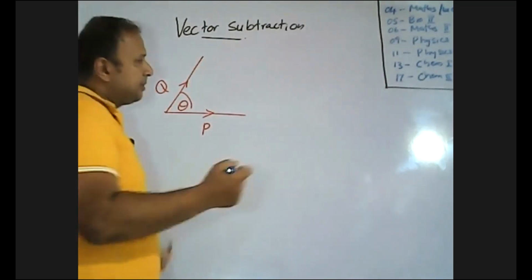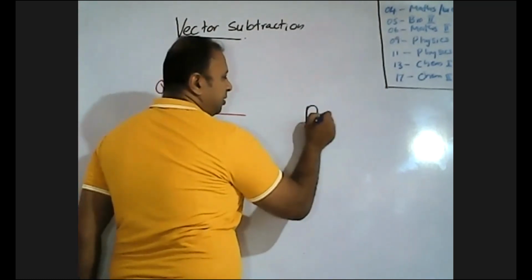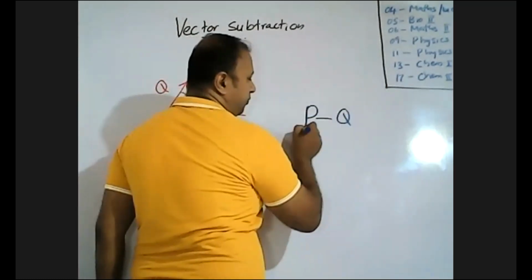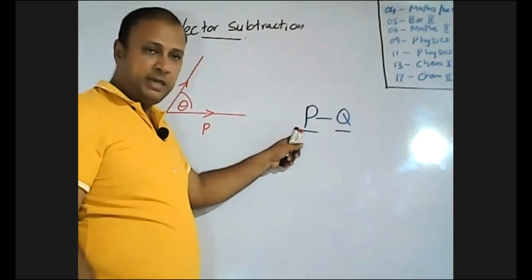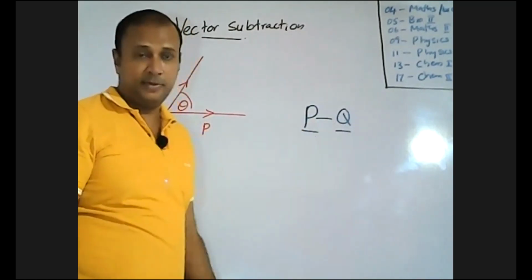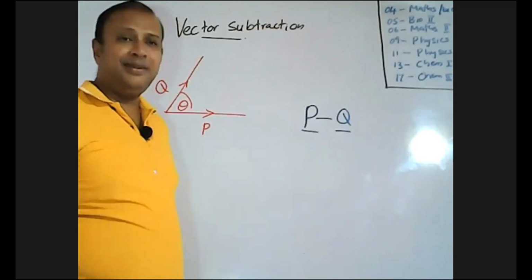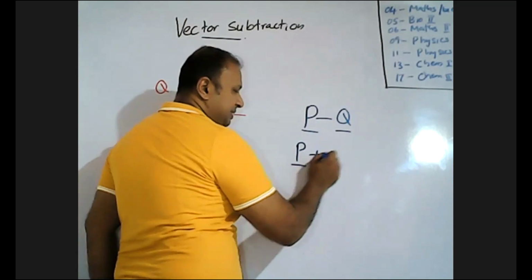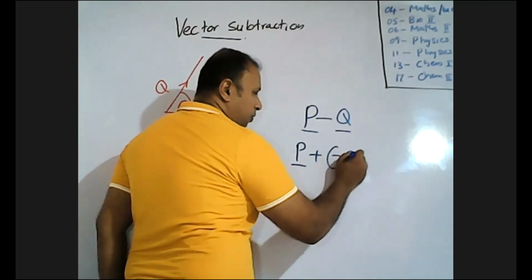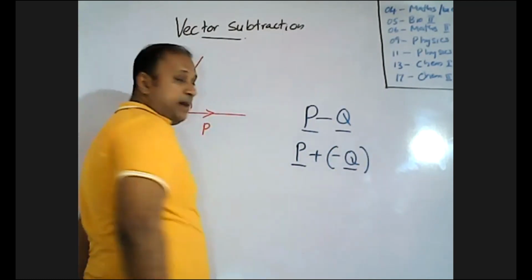Look at this. Subtracting means you have to find this vector, P minus Q vector. Actually, that can be written as P plus minus Q, no? P plus minus Q.